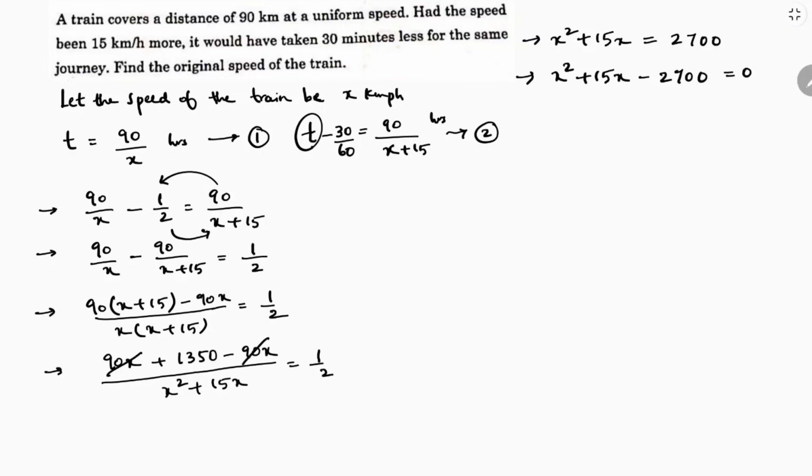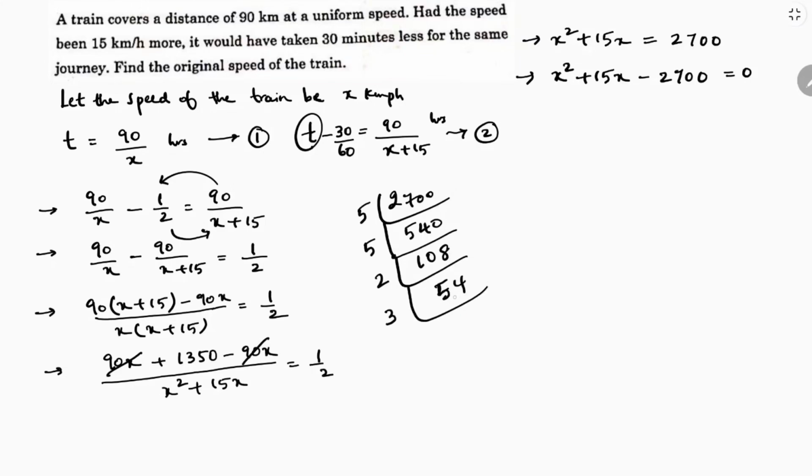Now we need to factorize this. See, the factors of 2700, if you check: 5 times 5 is 25, 25 times 108, 2 times 54, 3 times 9 and 3 times 3.